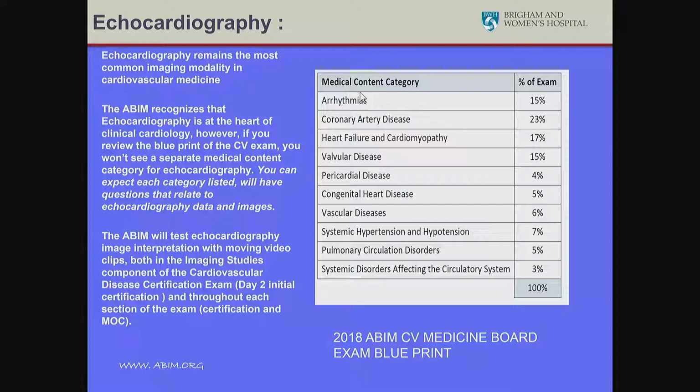But as you can see, arrhythmias, coronary disease, heart failure and cardiomyopathy, valvular disease, pericardial disease, congenital heart disease, vascular diseases, systemic hypertension and hypotension, pulmonary circulation disorders, and systemic disorders affecting the circulatory system comprise the ABIM exam.